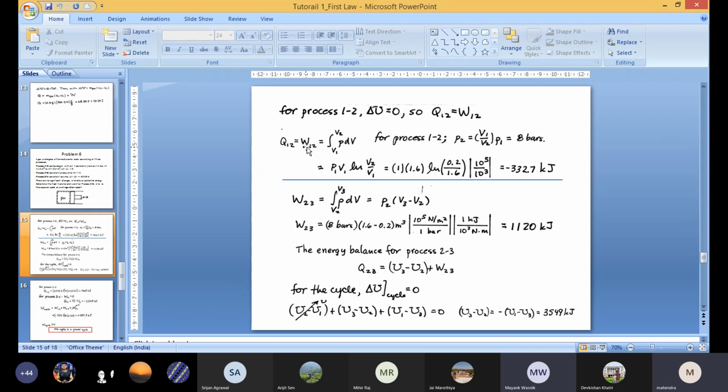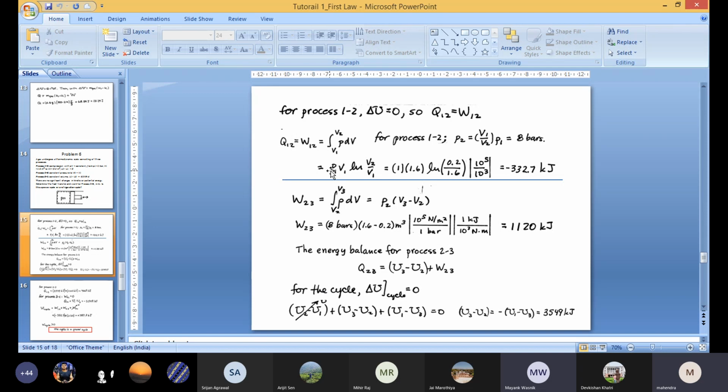Anyhow, W12 we have to calculate. Here P1 value, V1 value, V2 values are given in your problem. Now P2 value we have to calculate. Same as in problem 1 and problem 2, we are equalizing P1 V1 equal to P2 V2. That way we have calculated the P2 value.